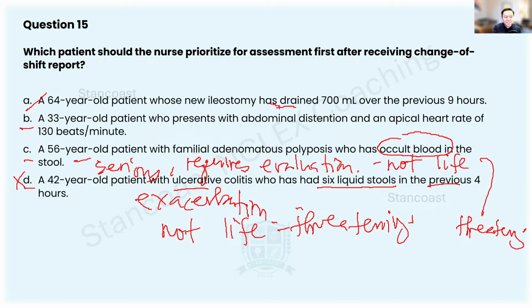Abdominal distension. What is this? This could be a sign that the patient has a perforation of an abdominal organ. Could be a perforated bowel or the stomach. It can cause peritonitis. The patient already has tachycardia.